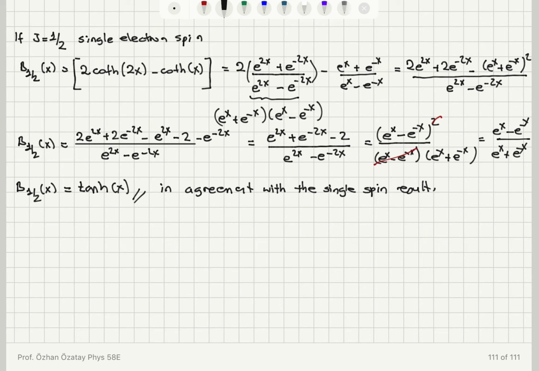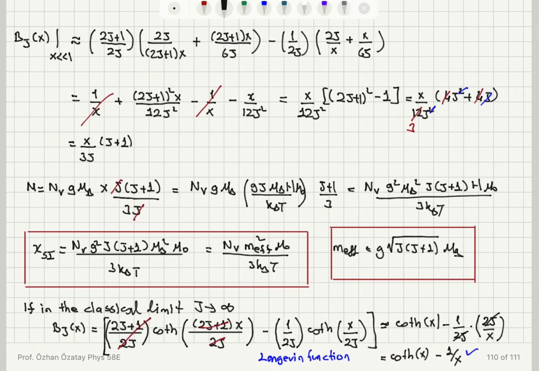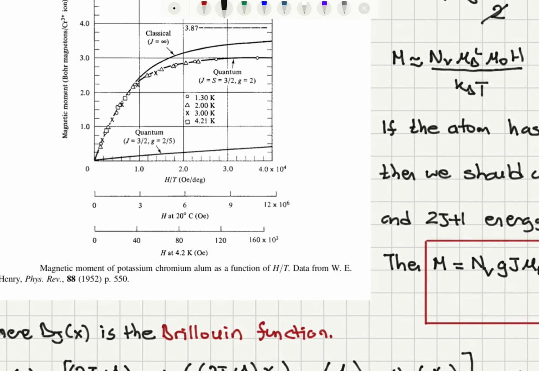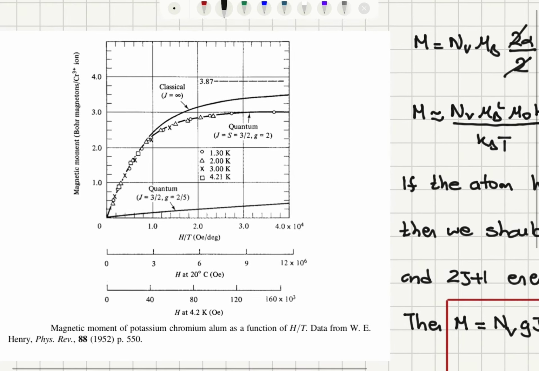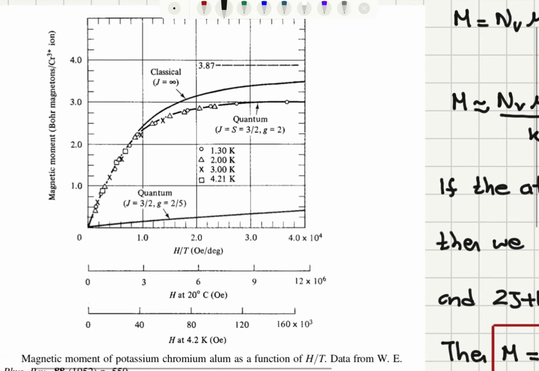Okay, so basically this completes our discussion of the Brillouin function, and finally I would like to take a look at the magnetic moment of potassium chromium aluminum as a function of H over T as an example. You can see J is equal to infinity, the Langevin limit here.